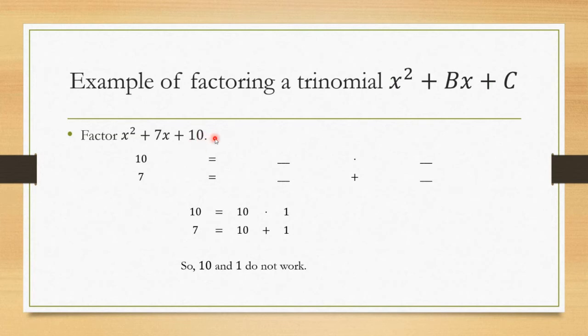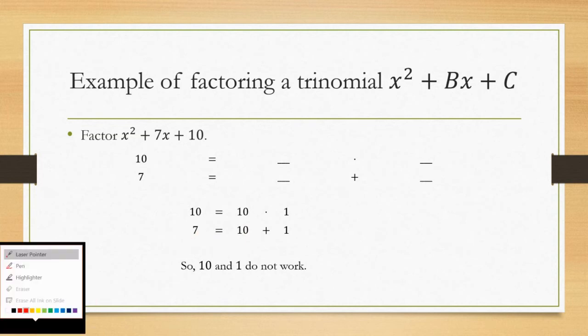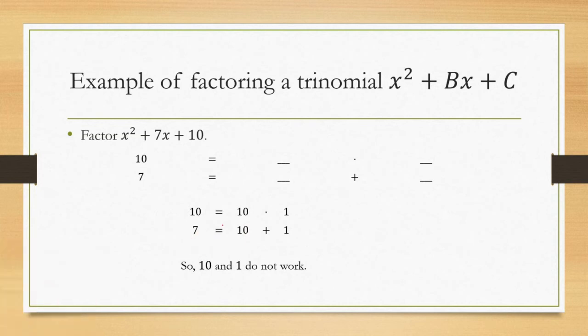Now you might think, oh, 10 and 1, that's going to work. Well, no, it doesn't. 10 times 1 is 10, that's true, but 10 plus 1 is not 7, it's 11. So the second equation is what fails, and 10 and 1 are not going to work.